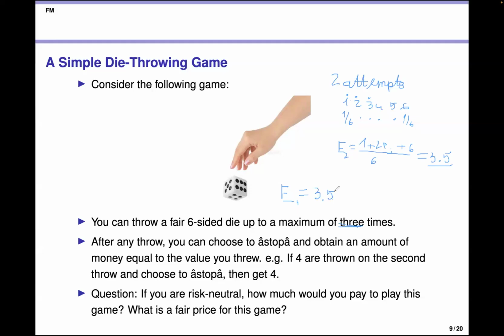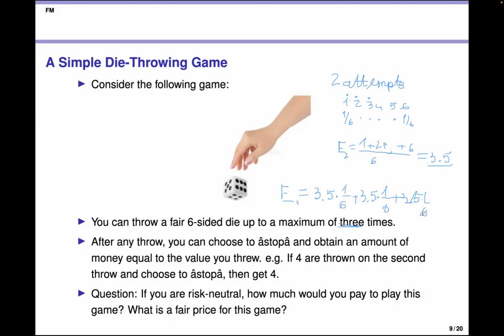If you see 1, I decide to wait and get 3.5 with probability 1 divided by 6. If I see 2, the same, 3.5, multiplied by 1 divided by 6, and 3 is the same.